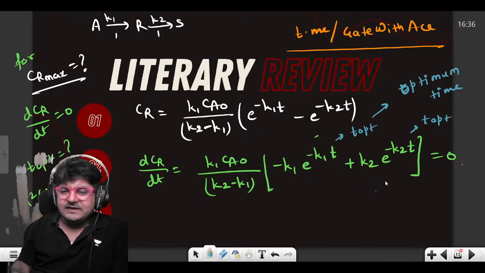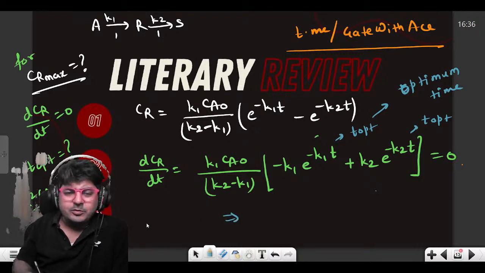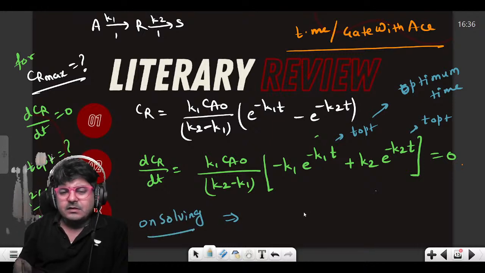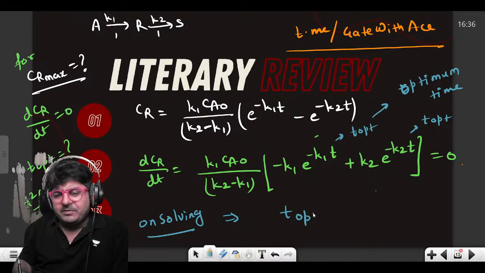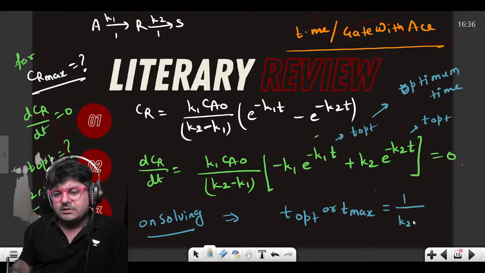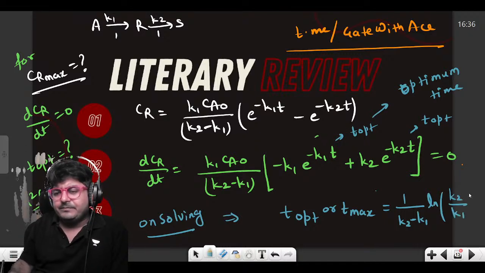So you can solve these things. I hope you can solve it. There is no big drill in this, it is simple math. On solving this, you will get t optimum, or you can say t max, that is equal to 1 upon k2 minus k1 times of ln k2 by k1.